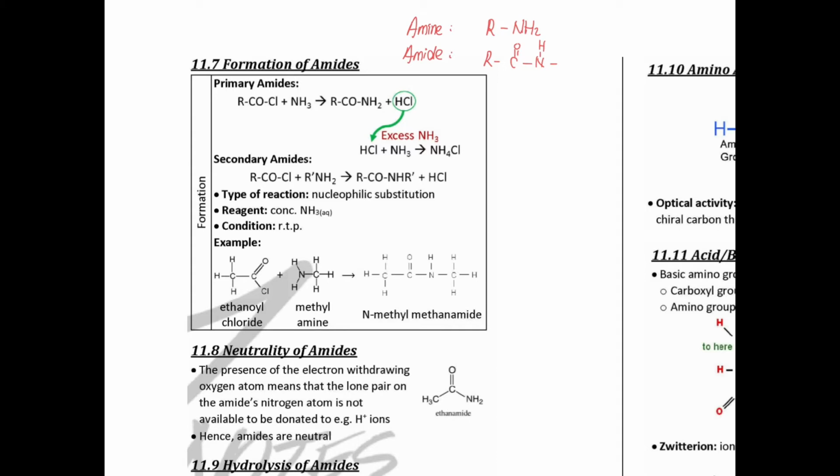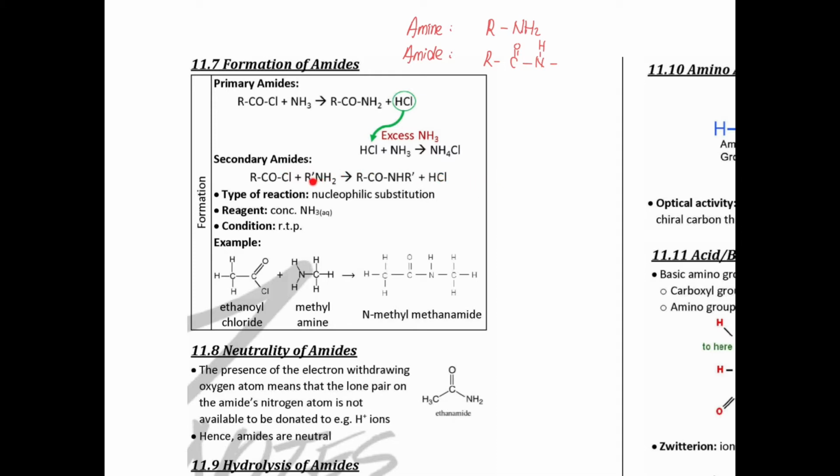Now we look at the secondary amide. RCOCl has to react with primary amine. Just now this was ammonia, now this is primary amine. For the primary amine, first you need to know that one of the hydrogens here will combine with the Cl here to form HCl.